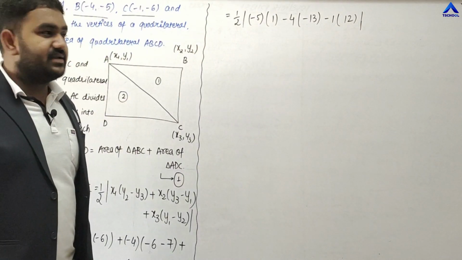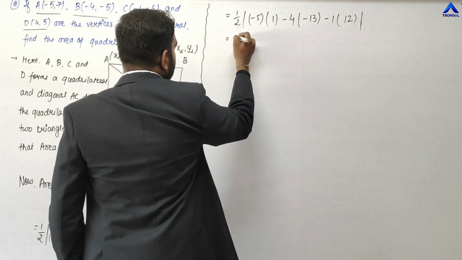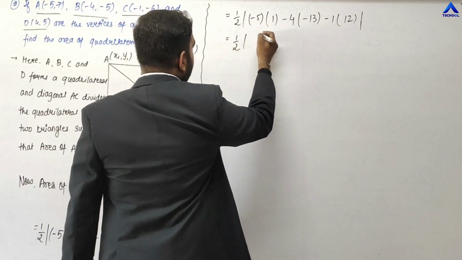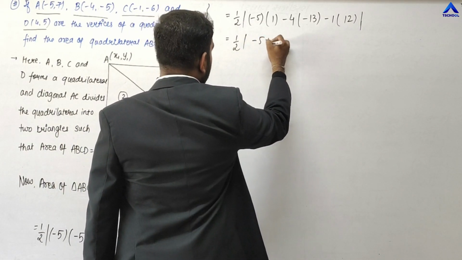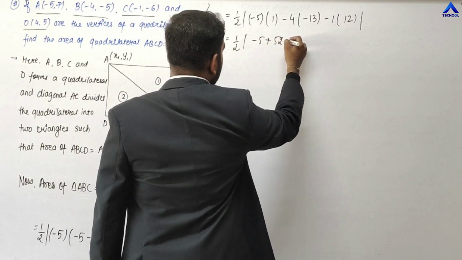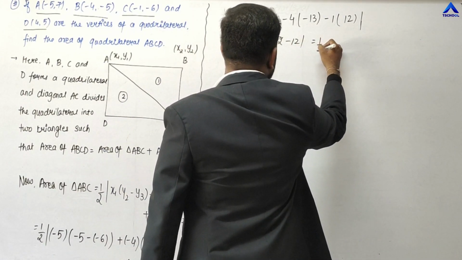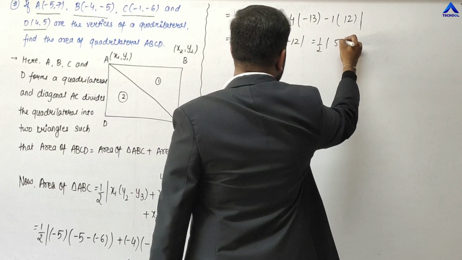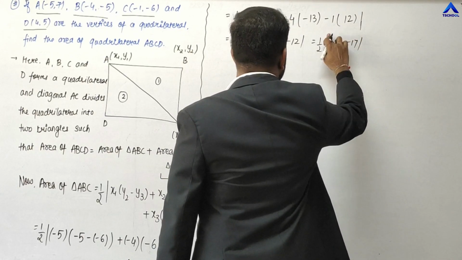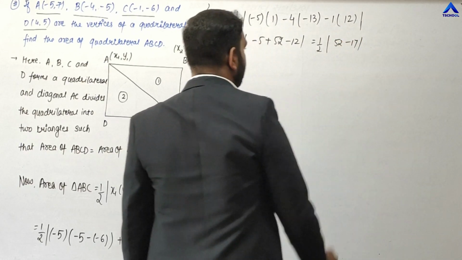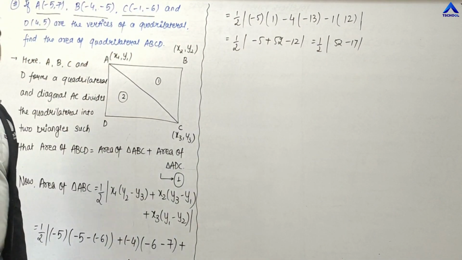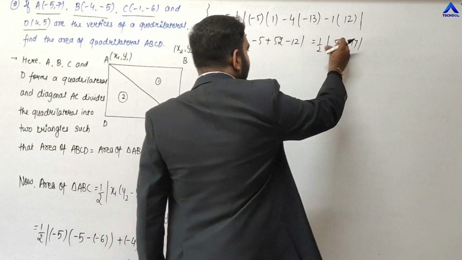Right? Let us simplify this now. That is equal to half modulus -5 plus 52 minus 12, that is half modulus 52 minus 17. Right? So that is 52 minus 17.